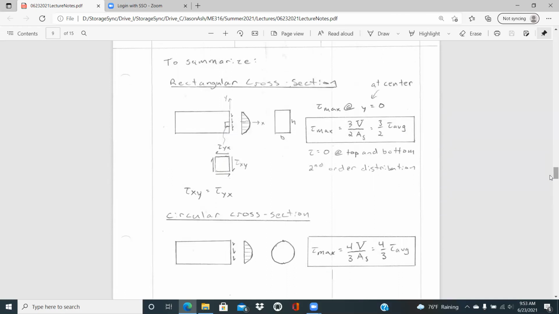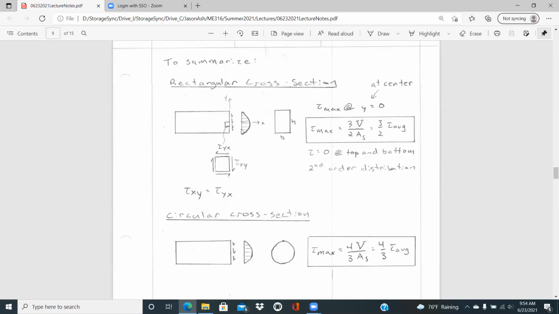And so to summarize then, just looking at the relationship for common cross sections, when you look at a rectangular section and we take an element out, if we have a shear force acting down, that'll place a tau xy acting down on that face, and it's going to be 0 at the top and bottom, maximum in the center.